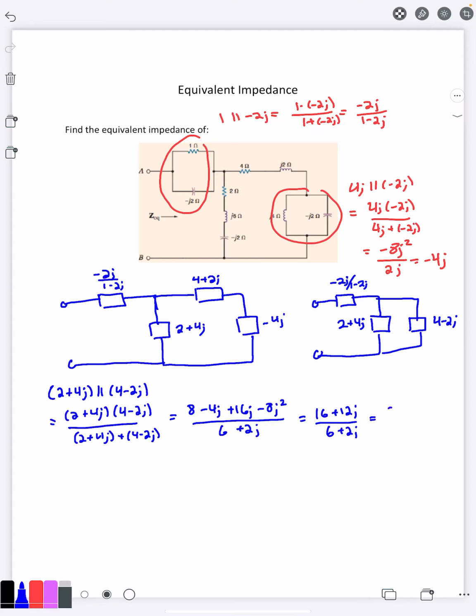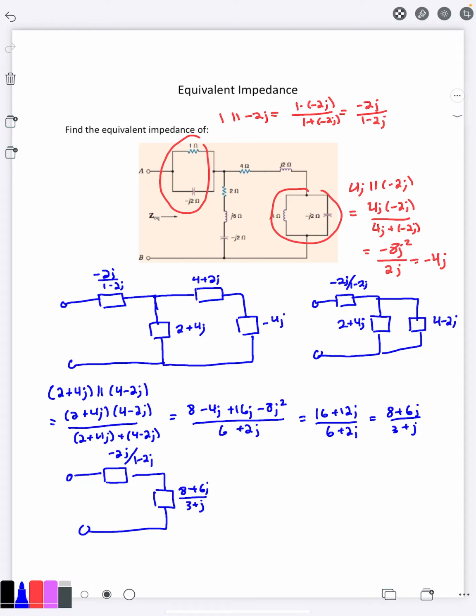I can divide everything by 2 here to get 8 plus 6j over 3 plus j. So that means I now have the following. 8 plus 6j over 3 plus j.